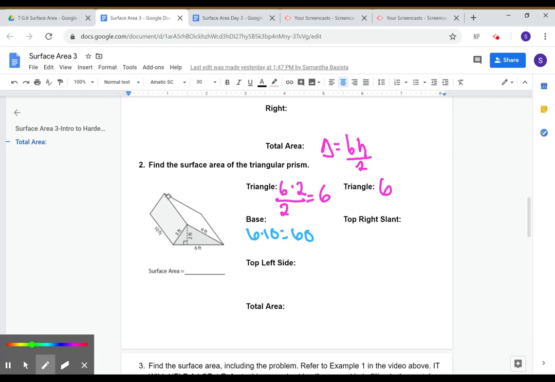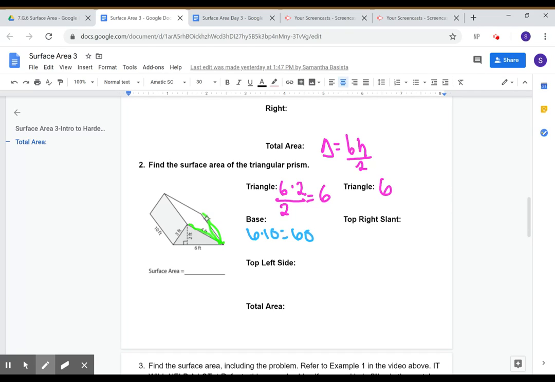I'm going to outline the right side. The right side is a rectangle. Its dimensions are 4 by, now I need to find this piece. I know it's kind of hard to see, so I'm going to make this a little neater. It's 4 by, I need to find this piece.